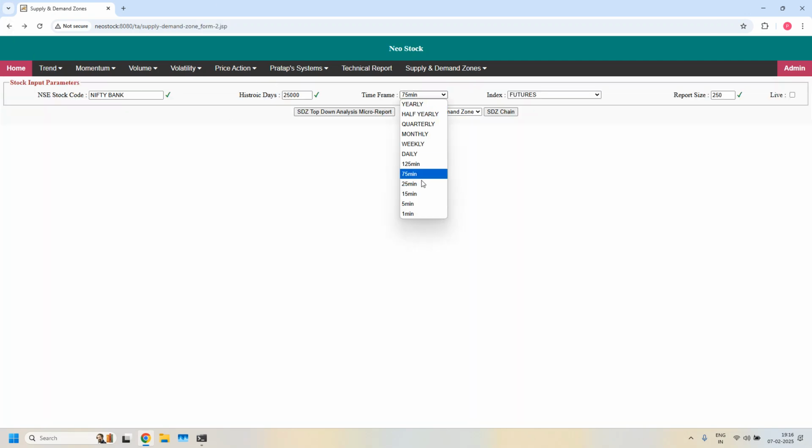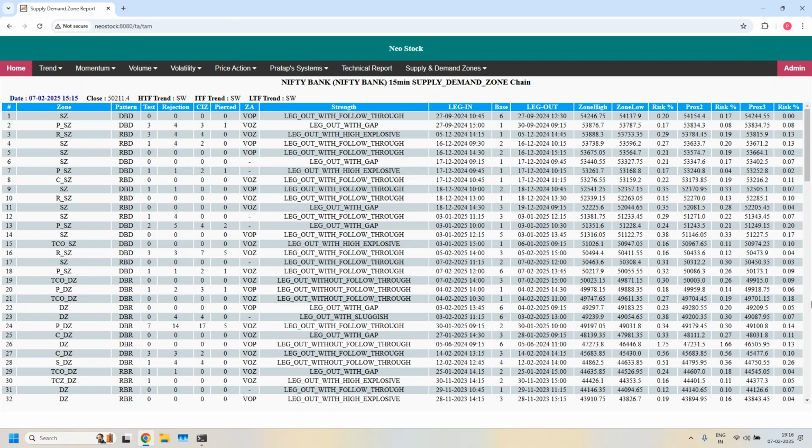Next, 15 minutes supply demand zone chain for Bank Nifty. This is the nearest demand zone.